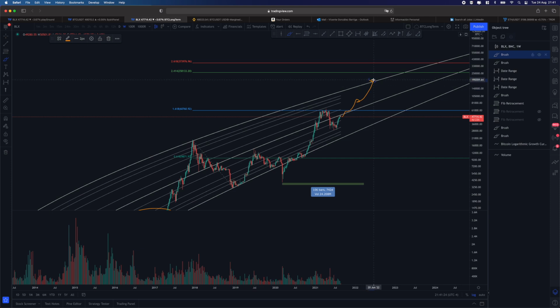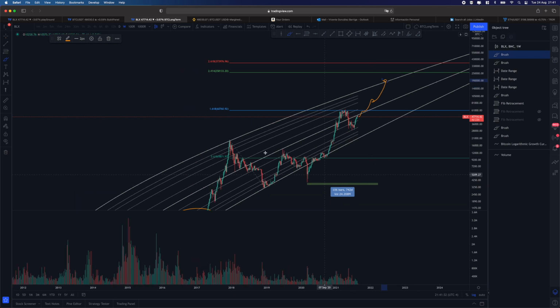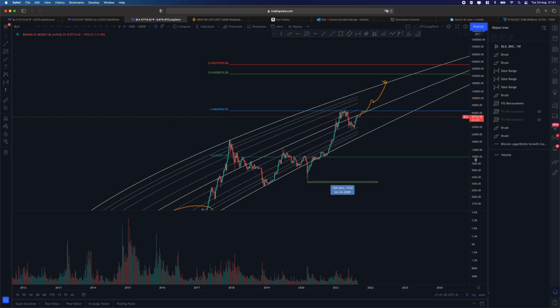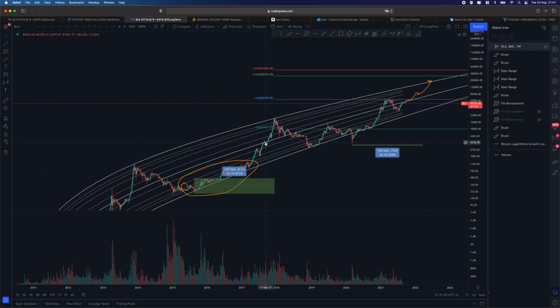That is not 200K, okay? But it's somewhere near, okay? That is 188K. We didn't even think of 20K when Bitcoin was at this level, okay?